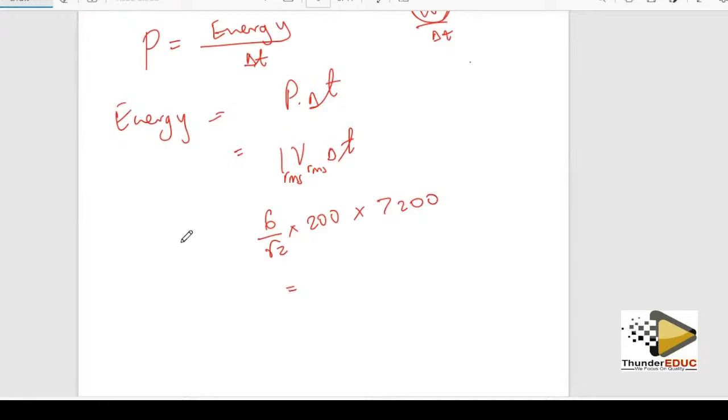So simplifying this, times 200, and then times 7200. I'm getting something weird. Let me just punch it again. Okay, so my answer is 6.11 times 10 to the 6 joules.